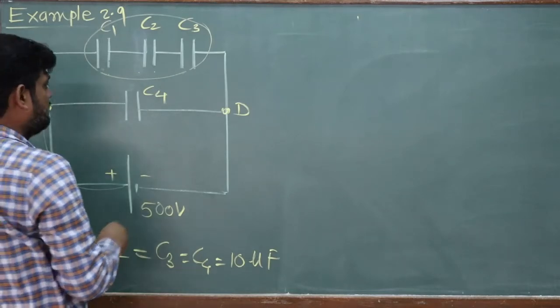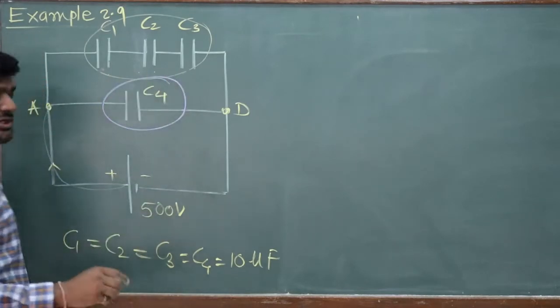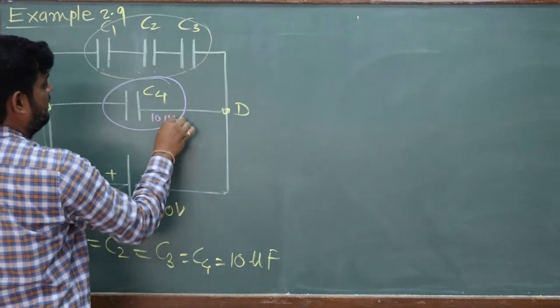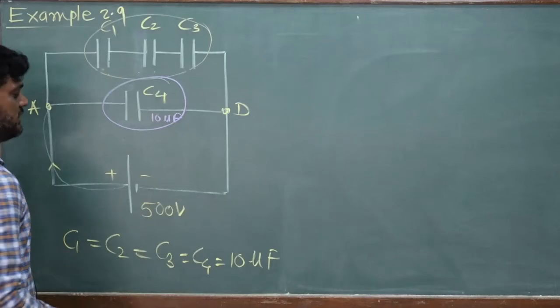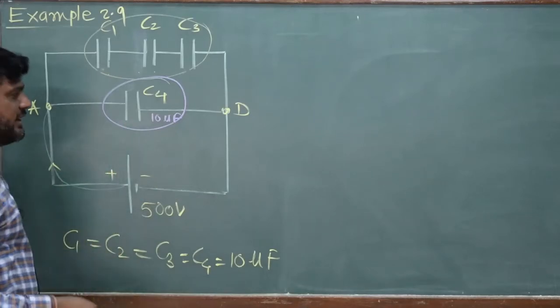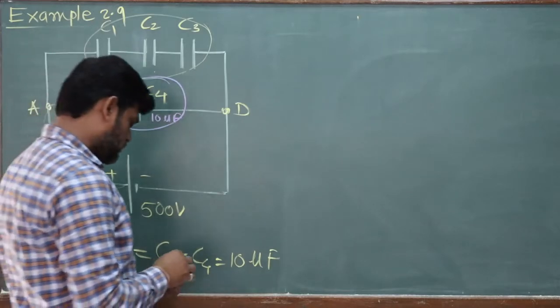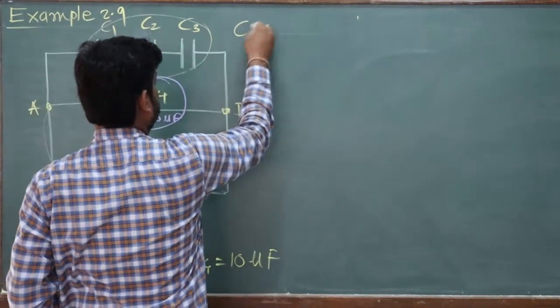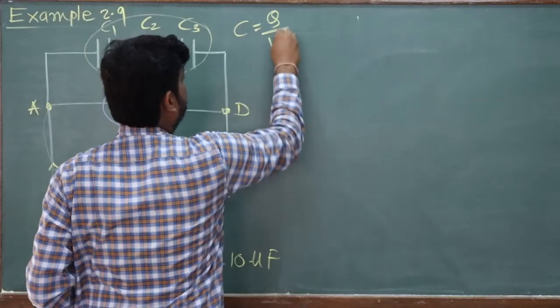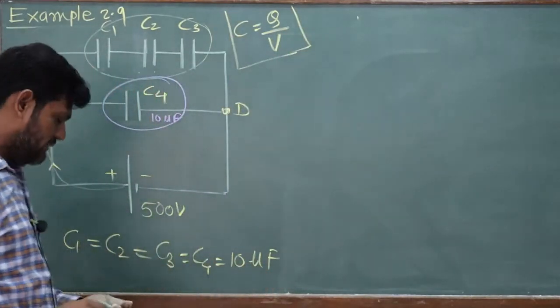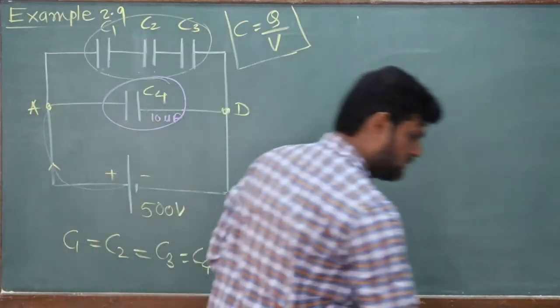It is easy to calculate the charge on the fourth capacitor. Why? Because C4 is a 10 microfarad capacitor, capacitance is given, and the voltage applied is 500, so you can directly calculate the charge. We know the basic formula, C equal to Q by V. Keep in mind, this is a very important formula.